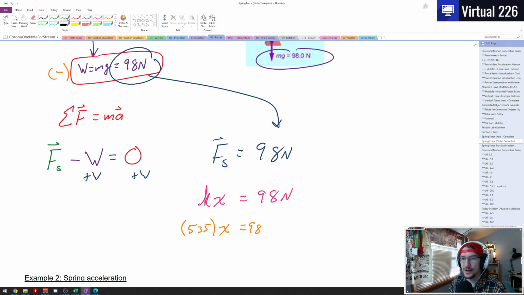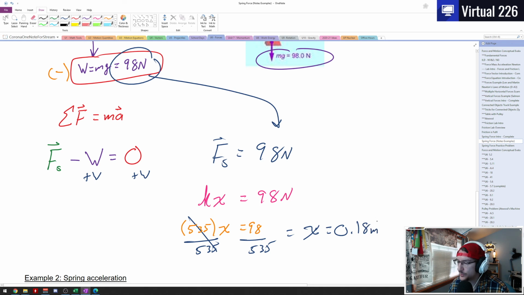At this point, we can simply divide each side by 535, and we will find our value of x. It's got to be less than 1 here. So 98 divided by 535 is 0.18, and this will be meters because it's how far you've stretched or compressed a spring, if you had that kind of problem. Okay, so that is one way to go about doing that.